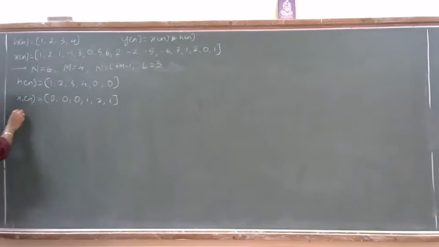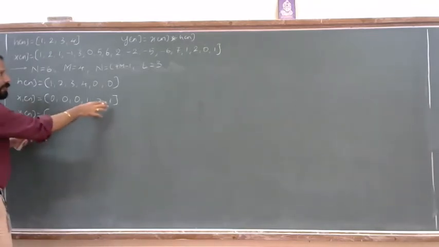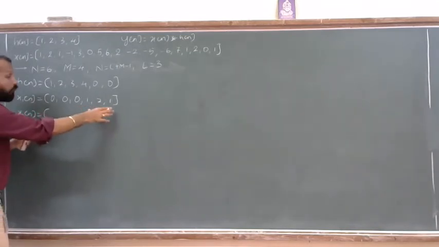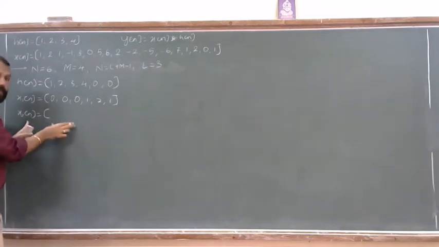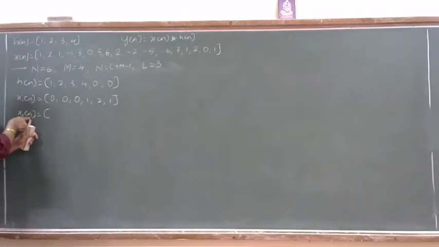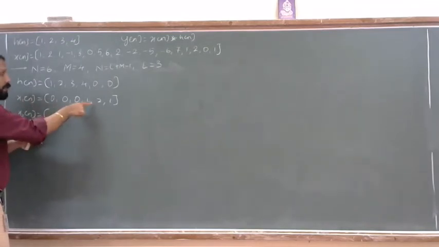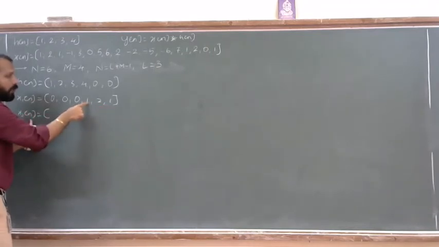And likewise, for the second block of data, the last M minus 1 samples from the previous data block will be taken as the first M minus 1 samples of the next data block. The previous data block compared to x2 of n is x1 of n, and the last M minus 1 samples will be 3. Those are 1, 2 and 1.